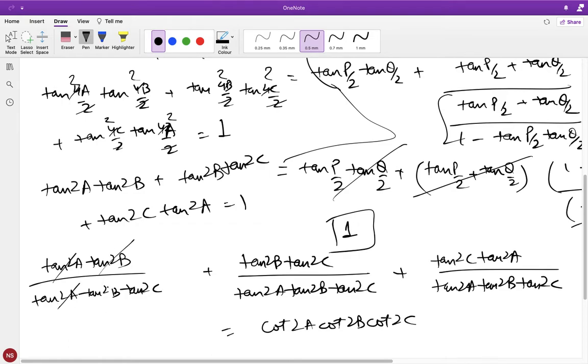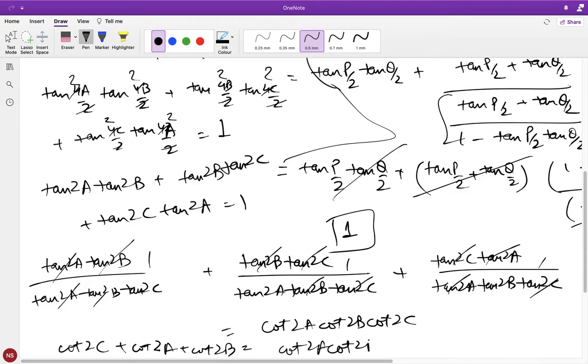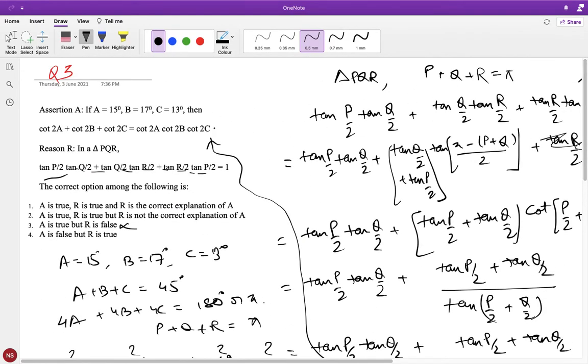So this is cancelled. These are cancelled. So 1 by tan is cot. So cot 2C plus cot 2A plus cot 2B is equal to cot 2A cot 2B cot 2C. So yes, R is the correct explanation of A. That's it.